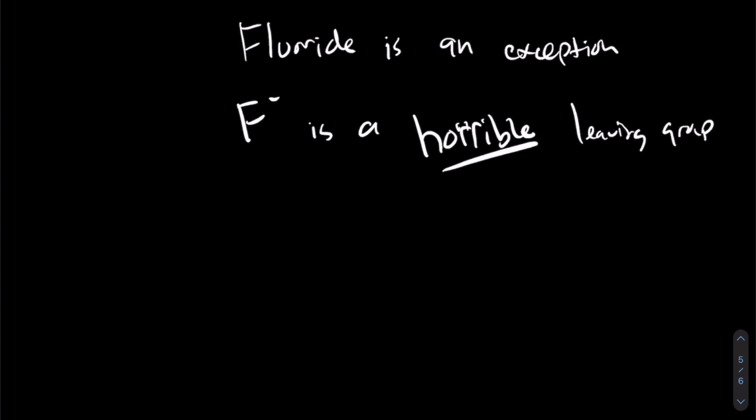You would just never write it. Fluoride is not going to pop off easily. It just holds on to carbon way too strongly. A good leaving group is in fact promoted by being squishier, right?